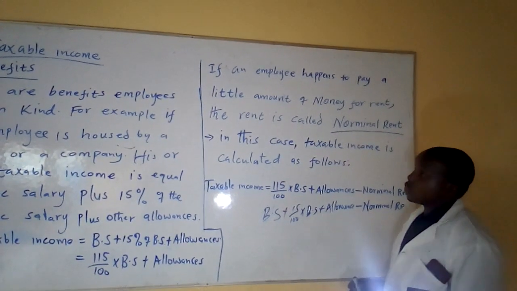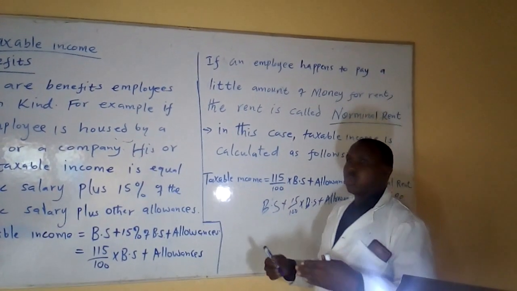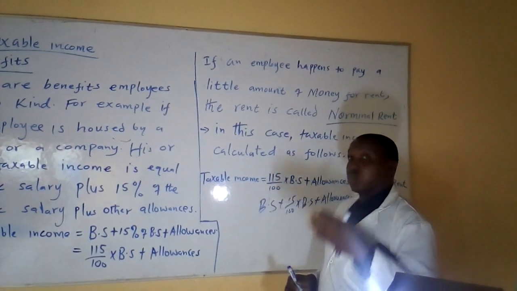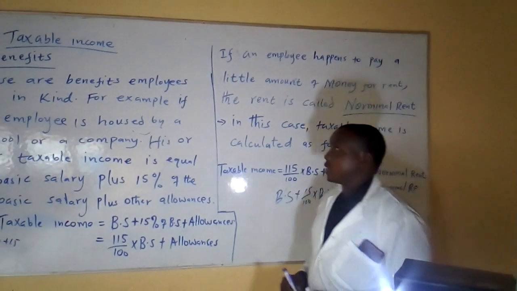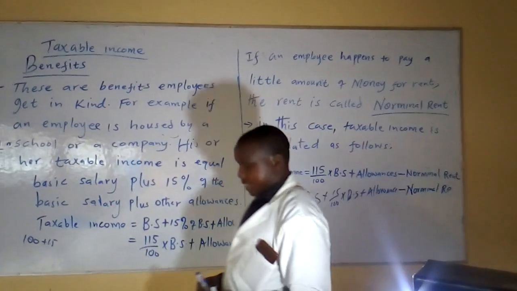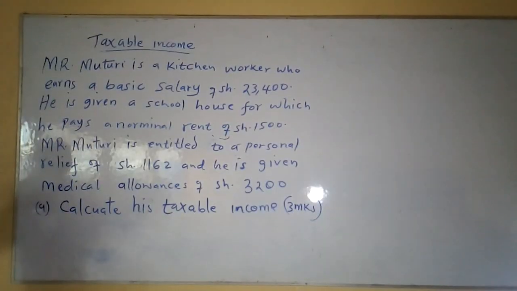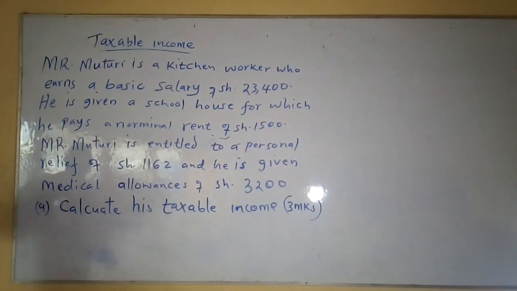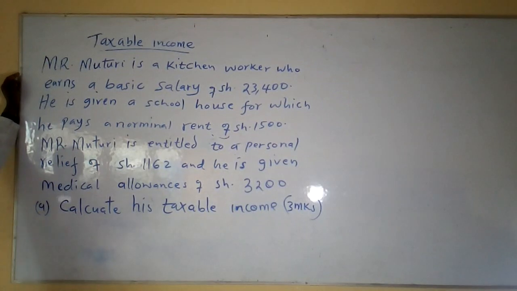So I want us now to do an example so that you can understand even better what we are saying. Let us look at this example now. Mr. Muturi is a kitchen worker who earns a basic salary of Kenya shillings 23,400.